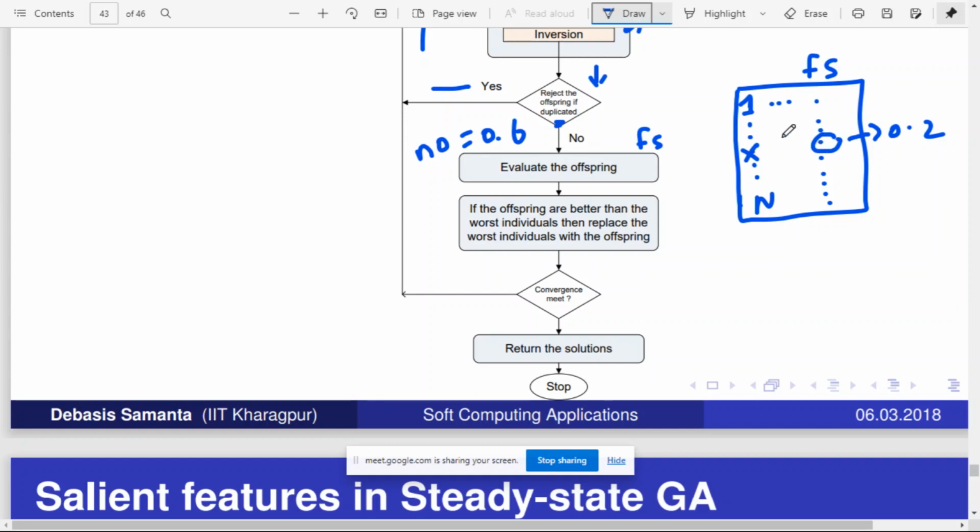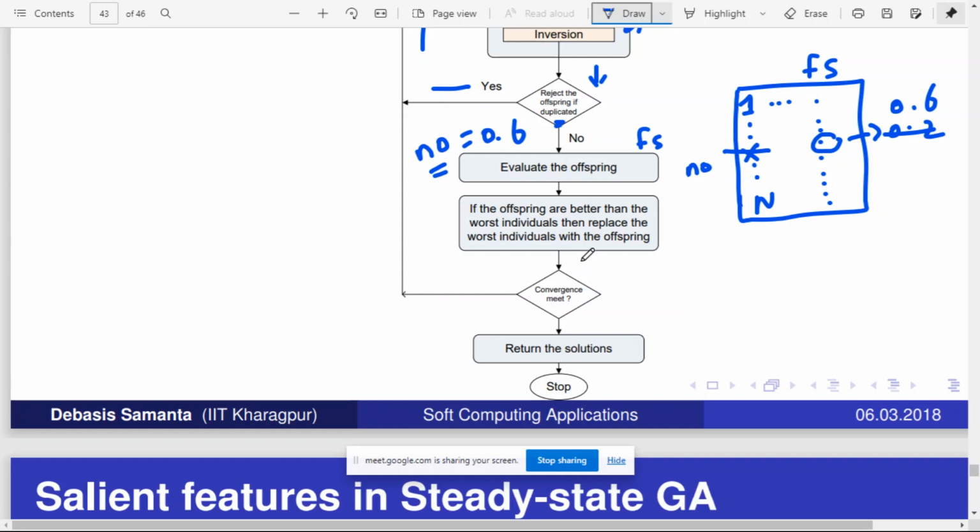Now the worst individual's fitness score is 0.2 and the new offspring's fitness score is 0.6. So this new offspring will replace the worst individual. Worst individual is what? X. So X will be replaced with NO and its fitness score will be updated with 0.6. Okay, so this is what we do.